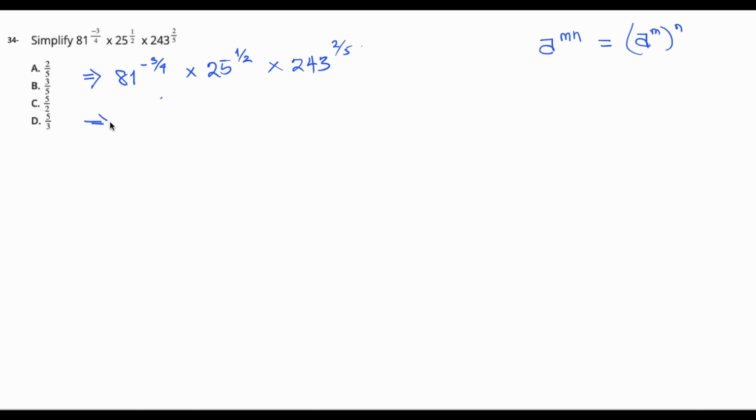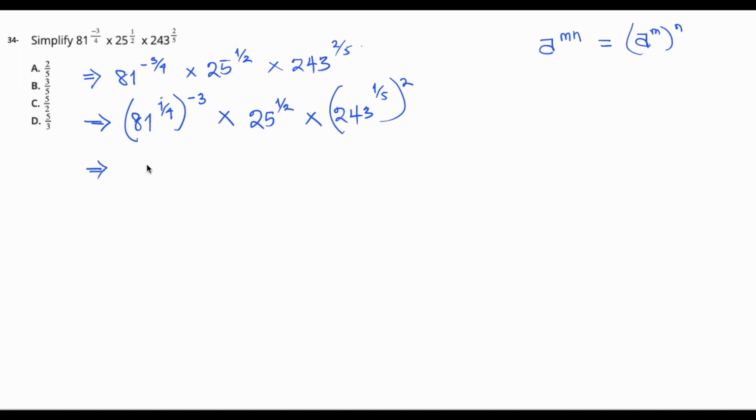So this is the same as 81 raised to power 1 over 4 multiplied by minus 3, and this remains 25 raised to power half, and this becomes 243 raised to power 1 over 5, all squared.